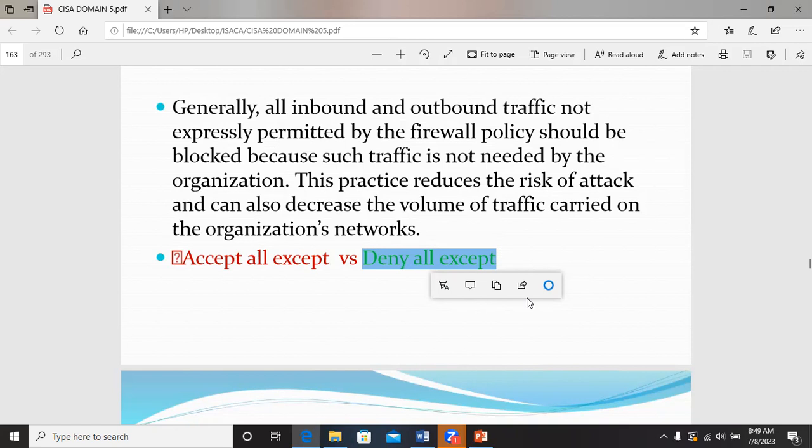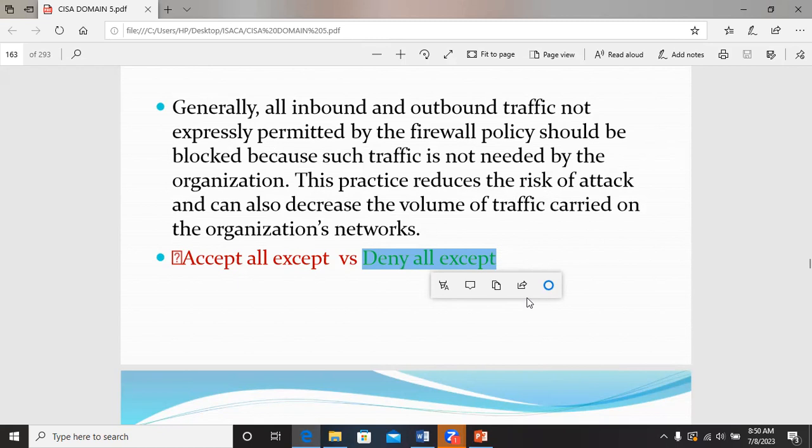Somebody was advising why she would pay 2.5 million naira to somebody she does not know at a personal level. That is deny all except. So everybody is blocked except these people that you know.